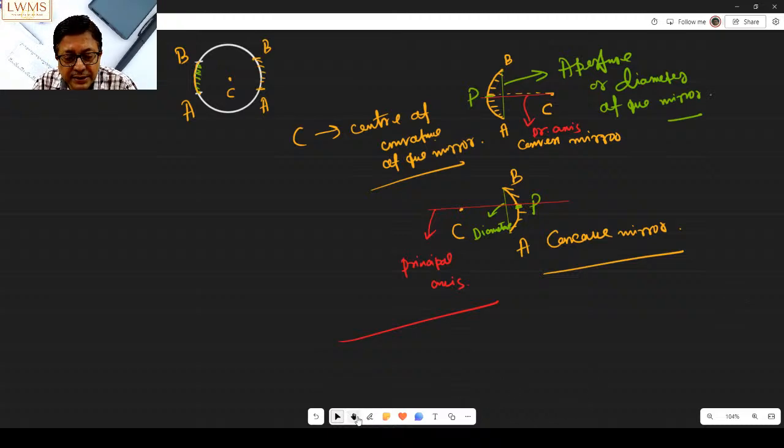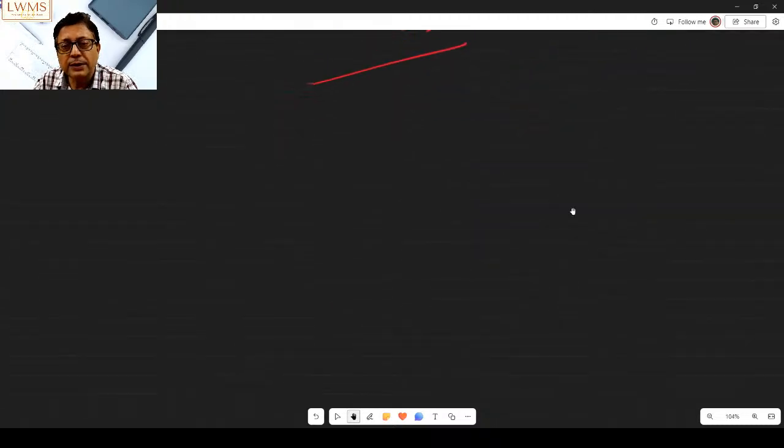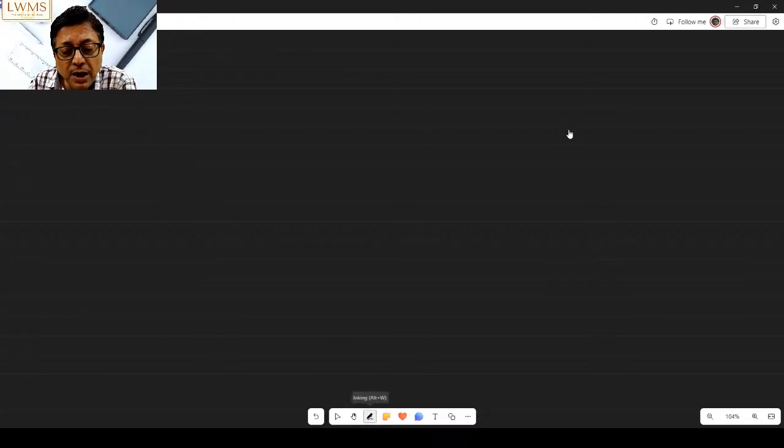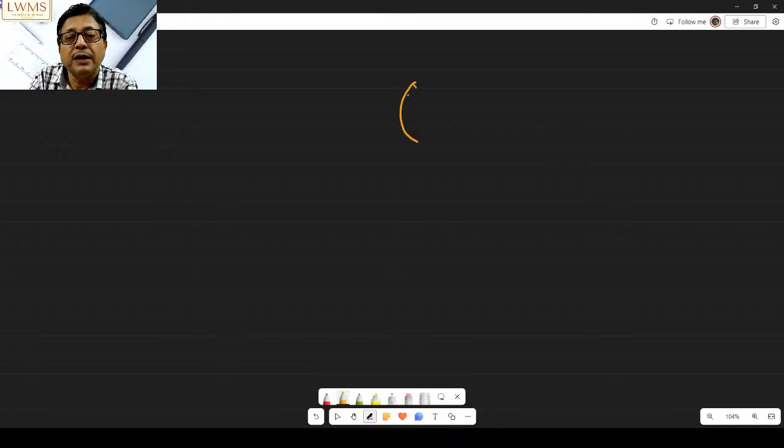I will be discussing the sign convention for a spherical mirror, because when you define it, take one example of how an image is formed. We have taken this convex spherical mirror. How will the image be formed?